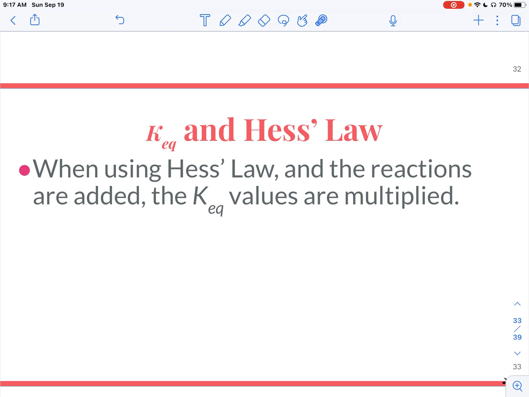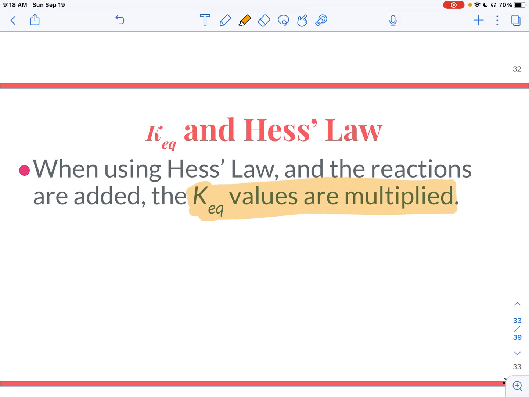So we're going to use the stuff we just talked about with K and also this rule. When you add reactions, and I'm going to talk about that in just a minute, you multiply K values. We can use Hess's law for a bunch of different values, and we will throughout this year. And sometimes the values are added.